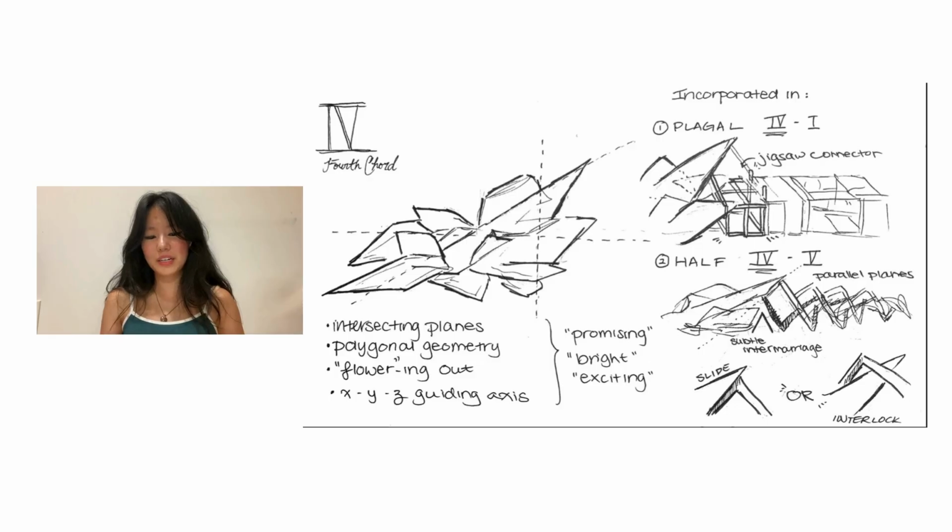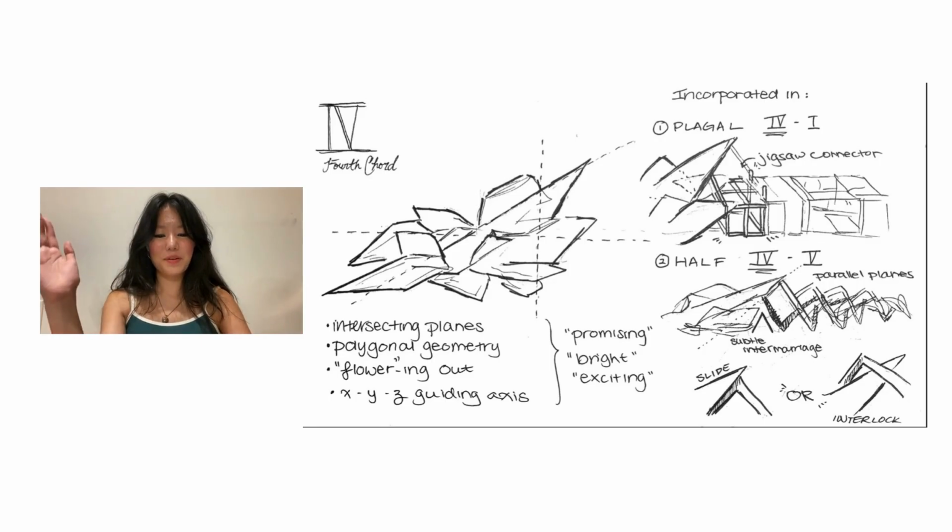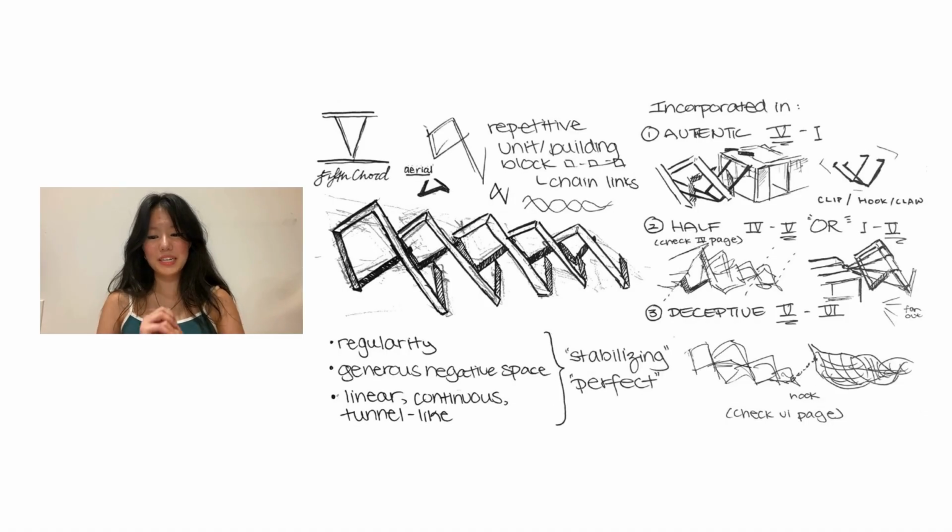The fourth chord is supposed to be a bright and exciting chord, and I tried to translate that into some really exciting shapes because of all the intersecting planes and the polygonal geometry. The fifth chord is also similar to the one chord. It's stabilizing, it's perfect, so it also has that very regular spatial language.